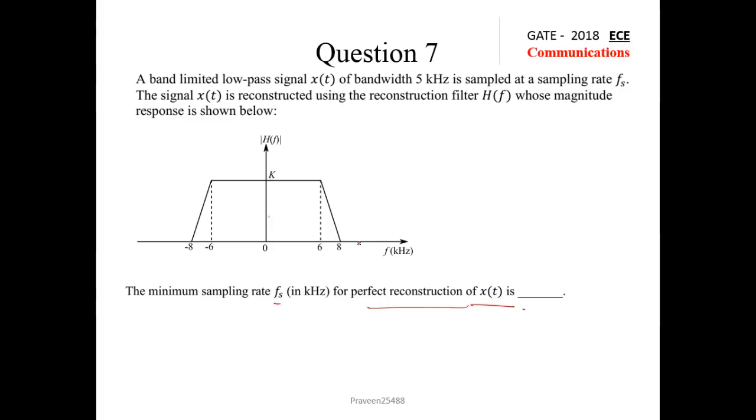According to the sampling theorem, there should not be overlapping between adjacent symbols. So here I will draw our band limited low pass signal in this figure for better understanding.